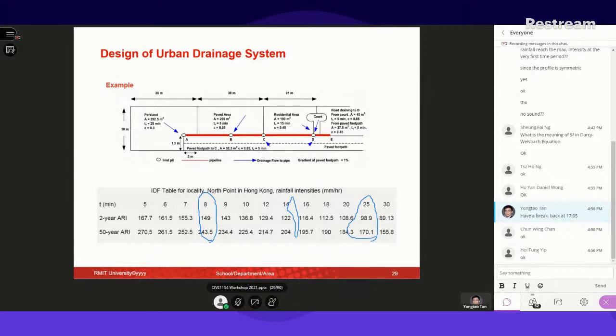There are 2 storm events required: 2-year ARI for the minor rainstorm, and 50 years for the major rainstorm. So we can get the rainfall intensity from this IDF table.